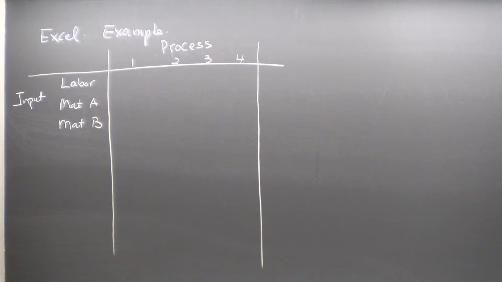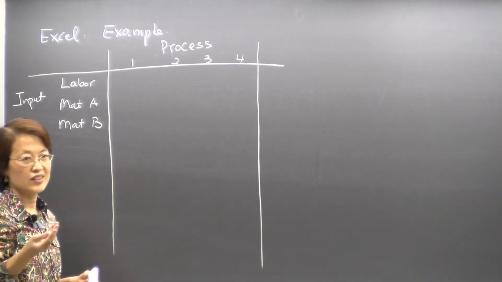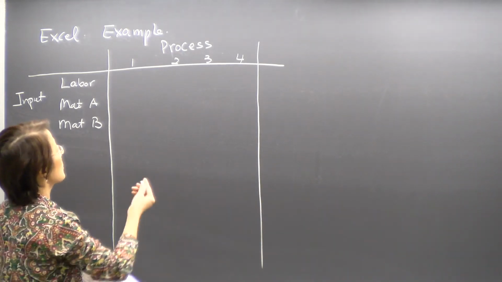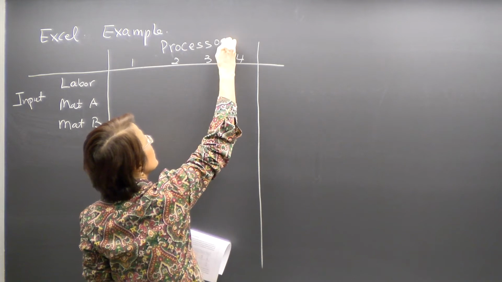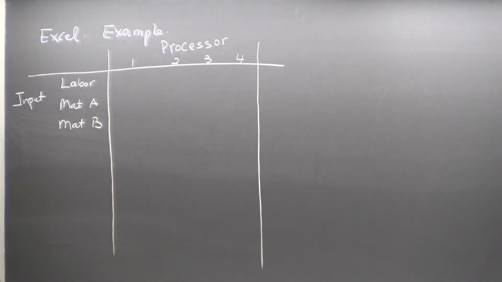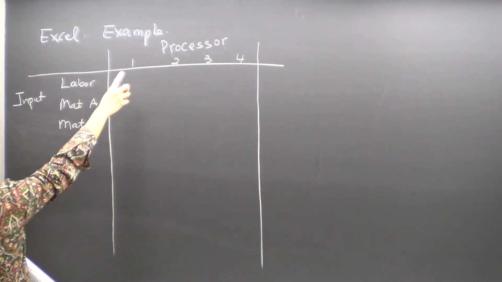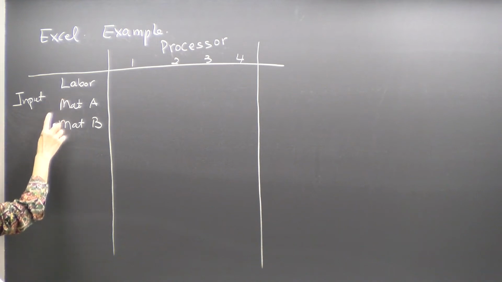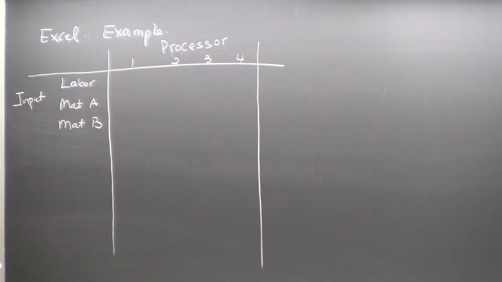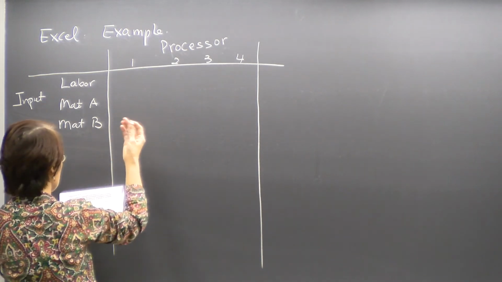For each processor, what should I use? Is it process or processor? Processor sounds better. Number 1 would use a certain amount of resource: it needs certain labor and certain material. Let's put this information in.